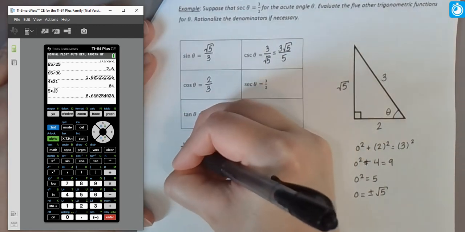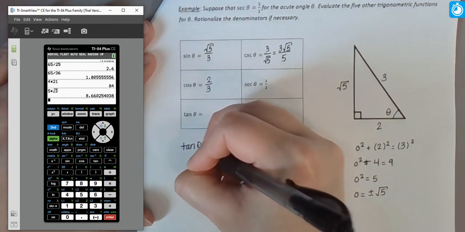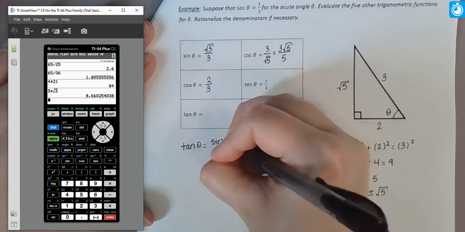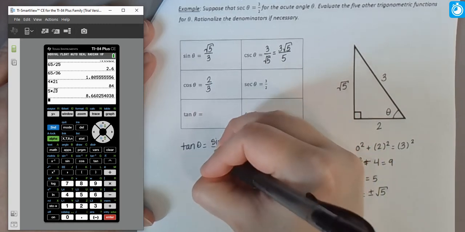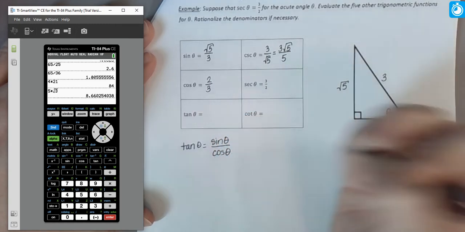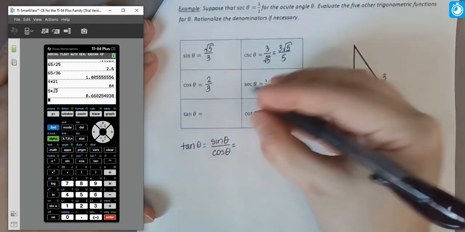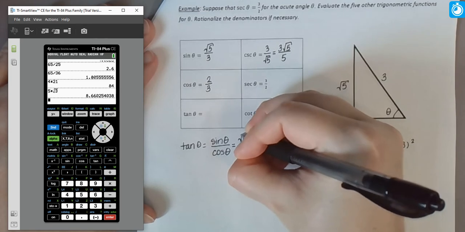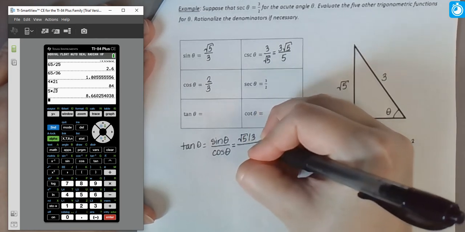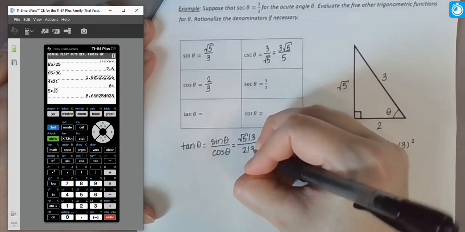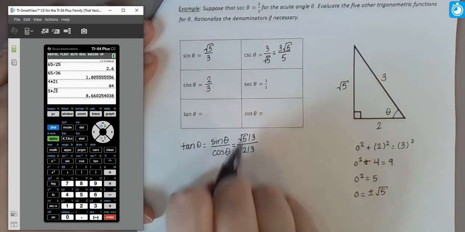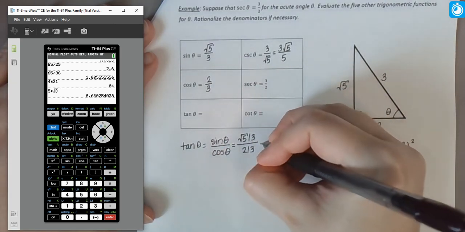So another way to evaluate tangent is using the fact that tangent is defined as sine of theta divided by cosine of theta. Well, we know what those values are. Sine of theta, rationalized, is root 5 over 3, and cosine is defined as 2 over 3. So we have one fraction divided by the other.